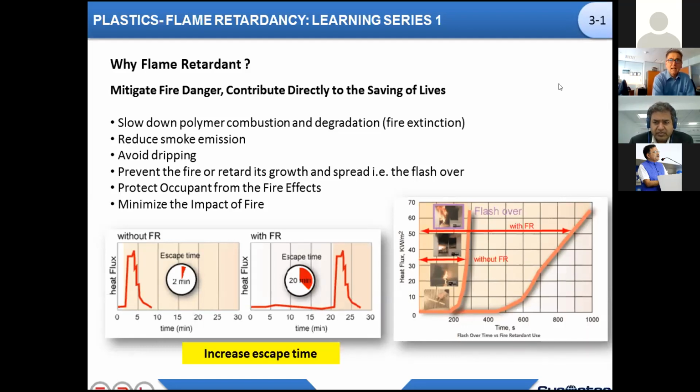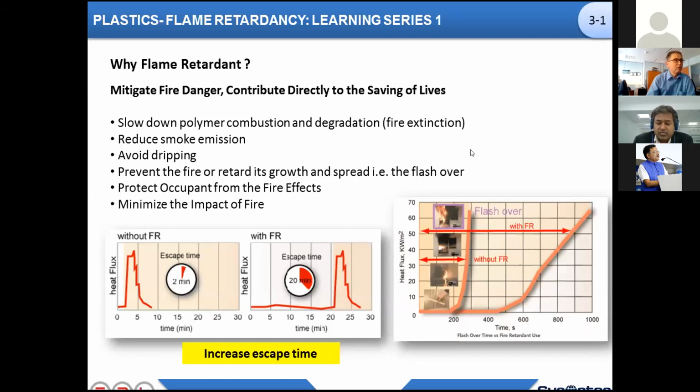Maybe you cannot escape when there is a fire in your room, and fire is tremendously quick. The fireman says that to extinguish a fire, for the first minute you need one glass of water, for the second minute one bucket of water, and for the third minute one tank of water. And this is why a flame retardant can act. Fire is tremendously devastating because the cost for insurance and the cost in life is huge.